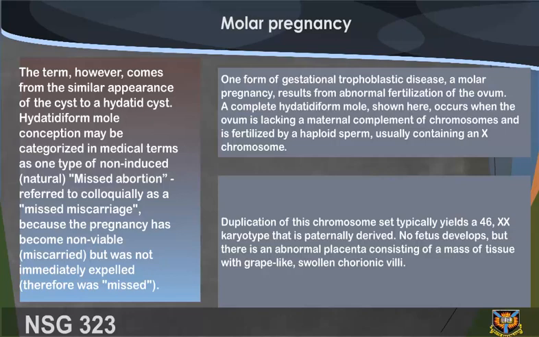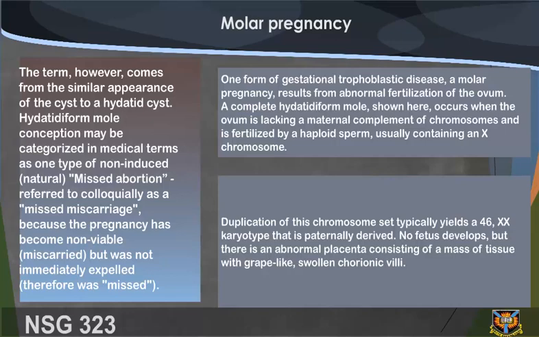One form of gestational trophoblastic disease, a molar pregnancy, results from abnormal fertilization of the ovum. A complete hydatidiform mole, shown here, occurs when the ovum is lacking a maternal complement of chromosomes and is fertilized by a haploid sperm, usually containing an X chromosome.